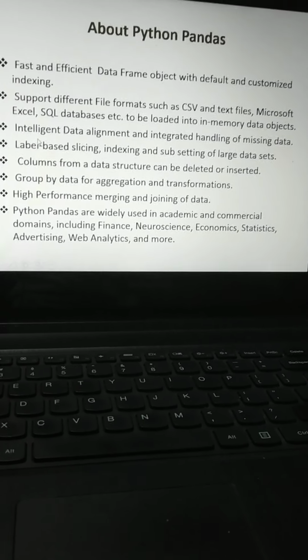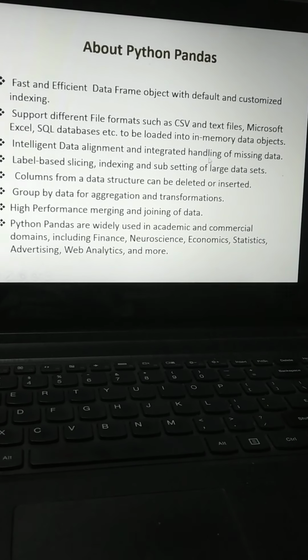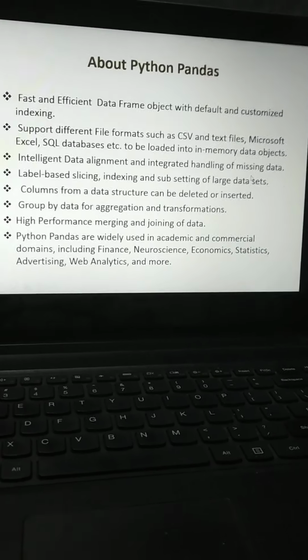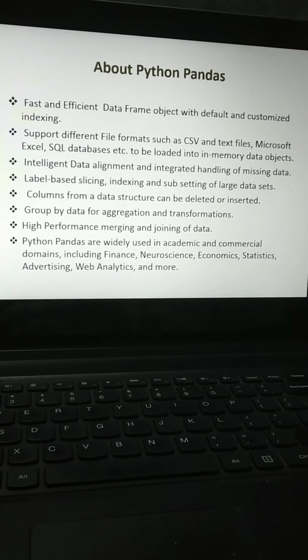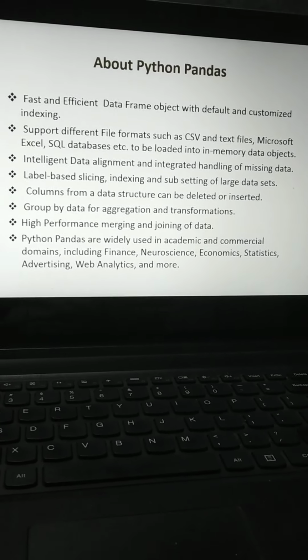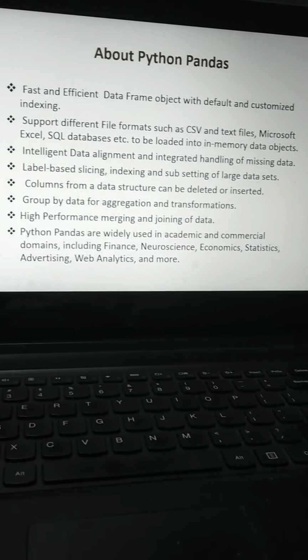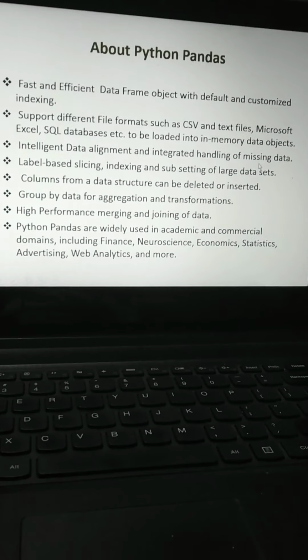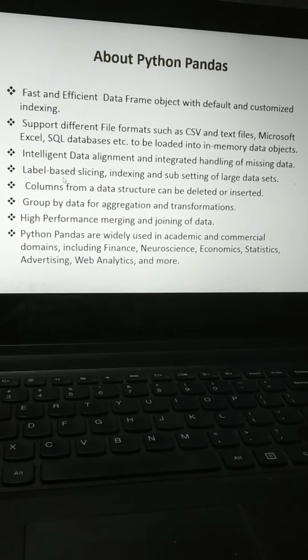Now see, it has intelligent data alignment and integrated handling of missing data. When the missing data is there, we can give a NaN value, that is, not a number value, and then the operations can be performed with the help of this missing value. Its nickname is given as NaN.